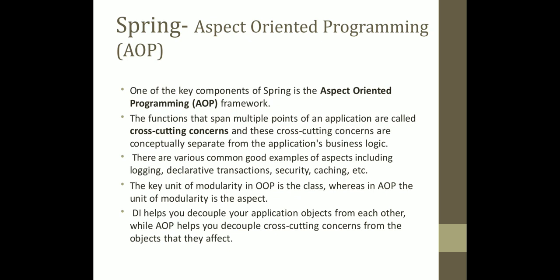Now, there are various good common examples of aspects including logging, declarative transaction, security, caching, etc. Okay, and in OOP the modularity is based on the class concept, while in AOP it is based on the aspect. So we can see there is a difference between AOP and OOP.